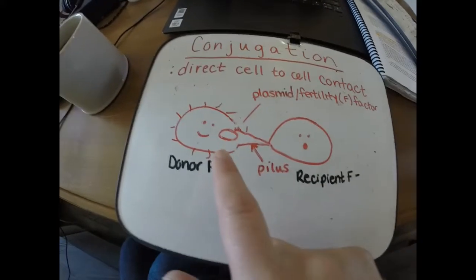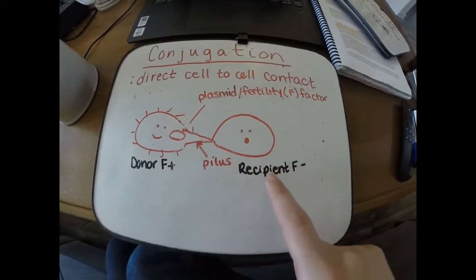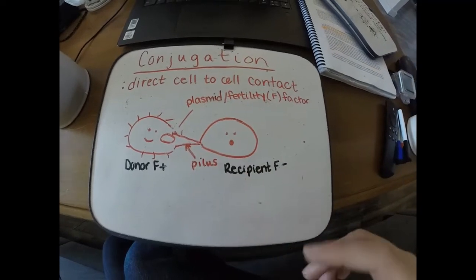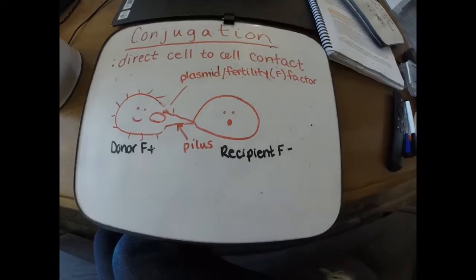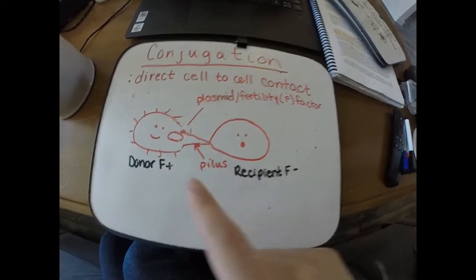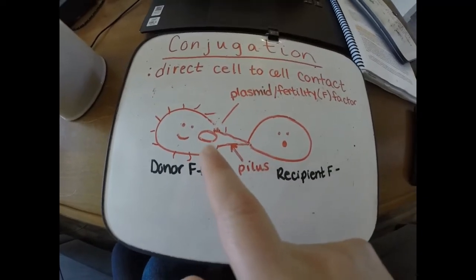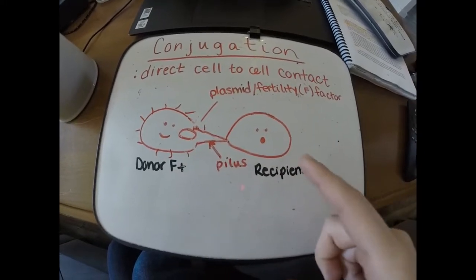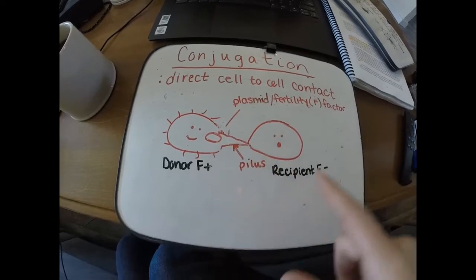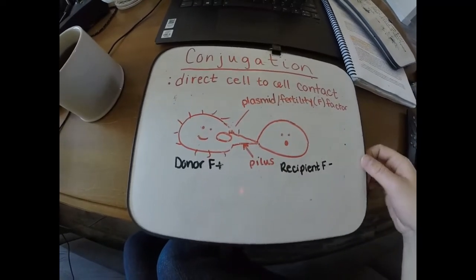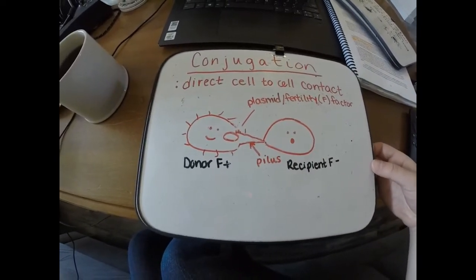Once that plasmid is in that recipient cell, it would now be able to form a sex pilus with another cell that it would interact with, because it would have that plasmid as well, right? So on that plasmid, there's a gene that allows this sort of thing to happen. All right, we'll come back to this concept when we talk about the lab.